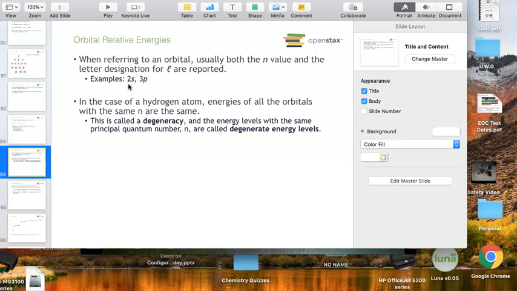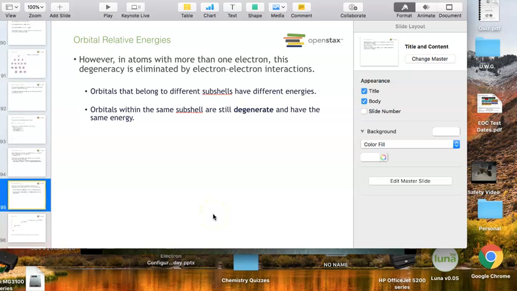That's referred to as degenerate energy, because they have the same value in terms of energy. The same thing with 3p electrons. You can have up to 6 electrons designated 3p, but their energy levels are all going to be the same because they have the same quantum number, 3, and the same subshell, p.